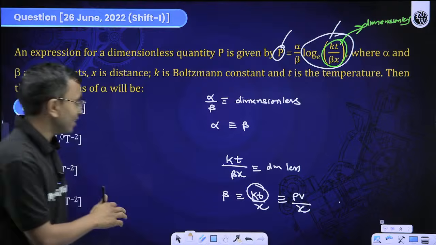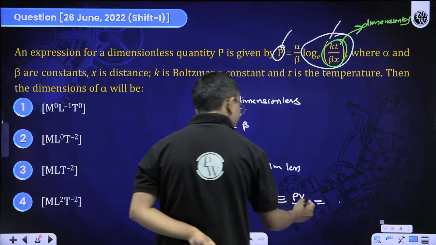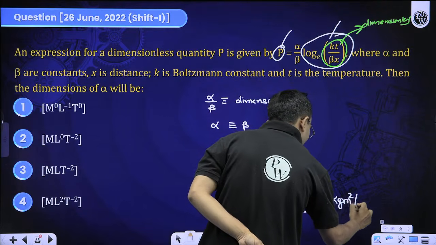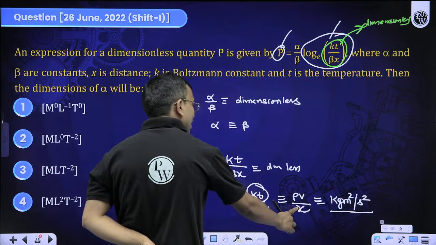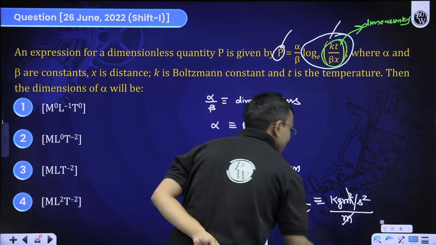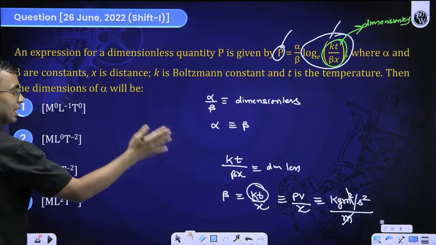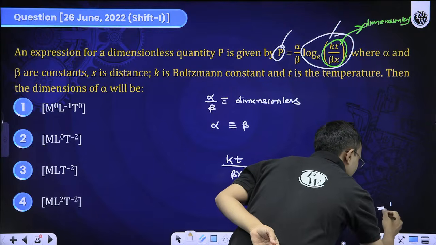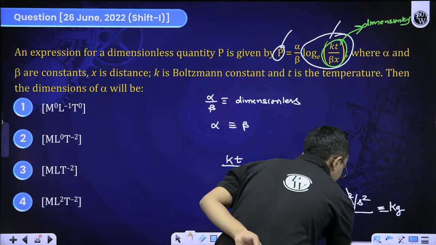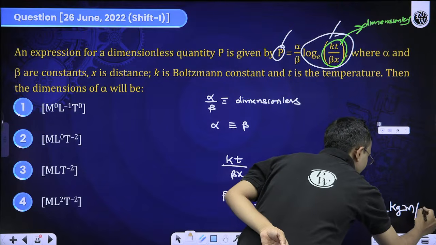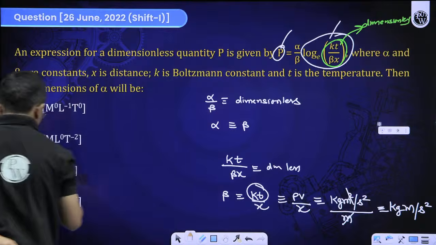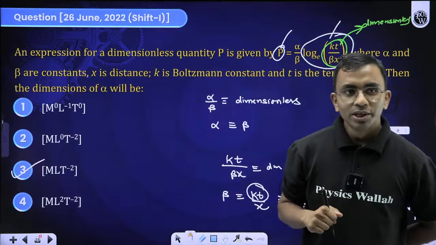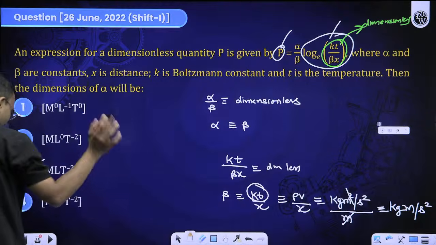Now you put the units here. What is the unit of pressure into volume? That is same as energy. So that is kg meter square per second square divided by x meter. One meter got cancelled. So this is kg meter per second square. Now check the dimensions. MLT minus 2. Third option is matching. Kg meter per second square. Clear? I hope you are able to understand this now.